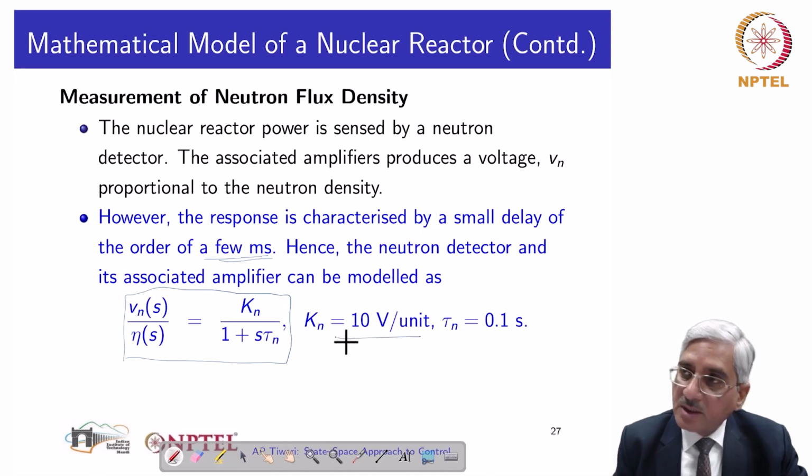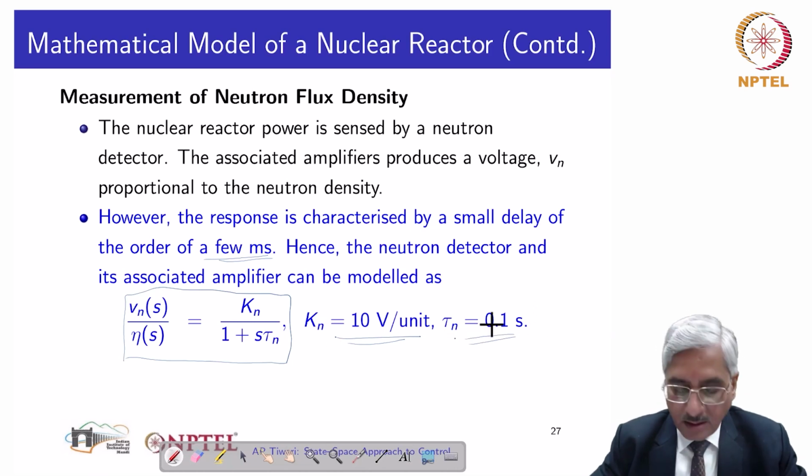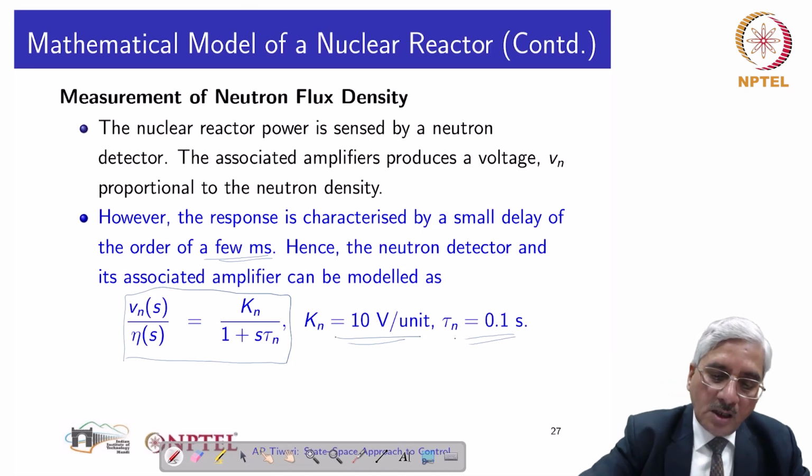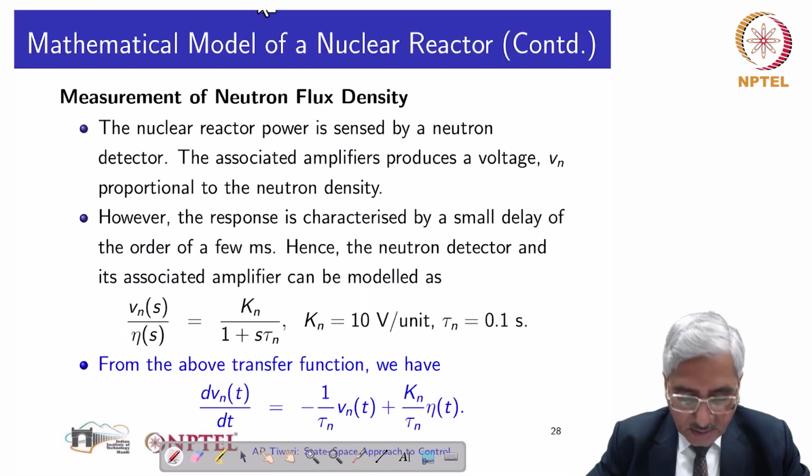K is usually 10 volts and tau is of the order of 100 milliseconds, 0.1. It is in milliseconds only. That is the measurement of neutron flux density.